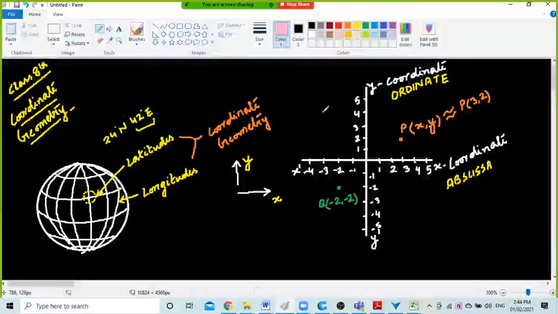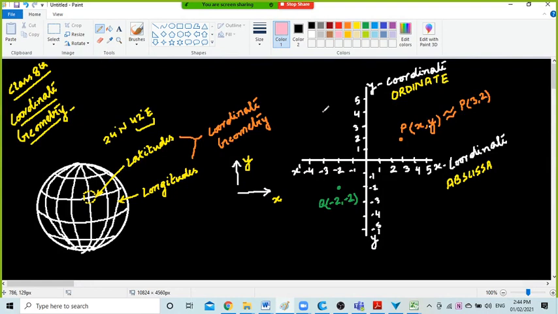Now if you look at these four points P, Q, R, S, you can find that on this particular part we have both values positive. On this particular part we have x as negative, y as positive. On this part we have both values negative, and on this part we have x as positive, y as negative. Now what do we call these parts?